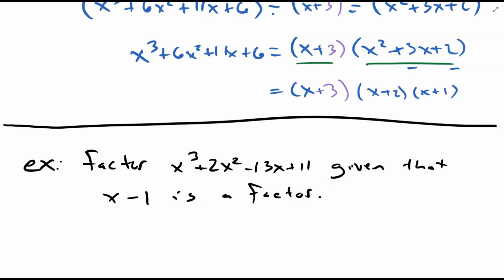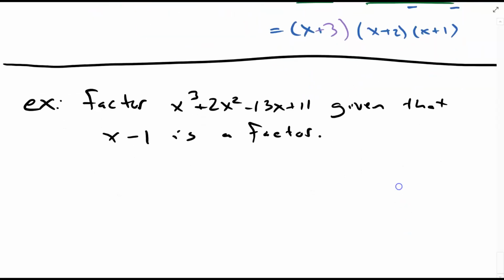So let's see an example of using this dividing process to actually do a factoring problem where we don't know what the factors are going to be in advance. Here we're asked to factor x cubed plus 2x squared minus 13x plus 11, given that x minus 1 is a factor.